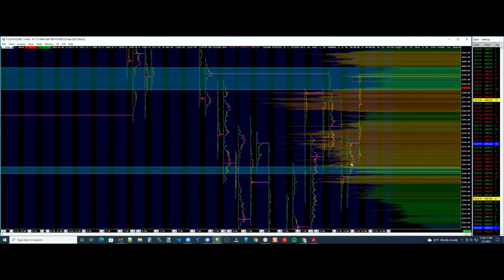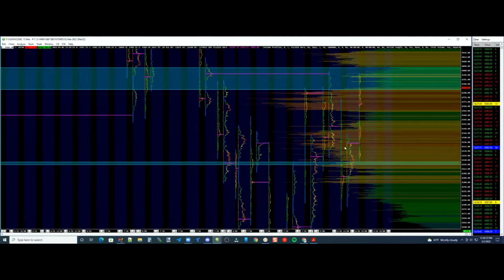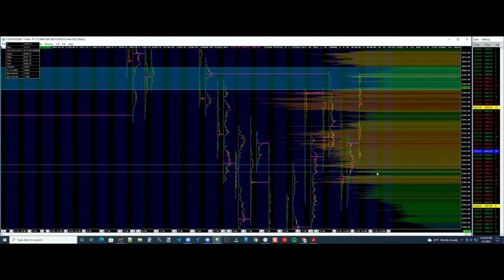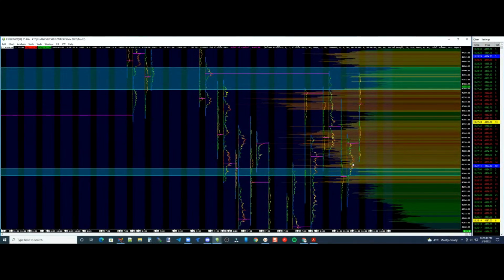So what happened on a very short time frame? Look at this low volume node right here. If you look at today, where we opened up and came right down to it, we've been bid ever since. So on a longer time frame level, you can identify areas to trade against, and then on a session by session level, it allows you to identify the areas that you want to trade against. So I hope that makes sense.